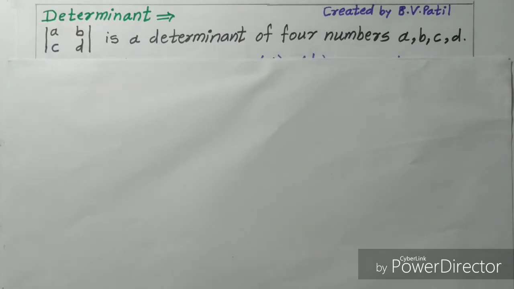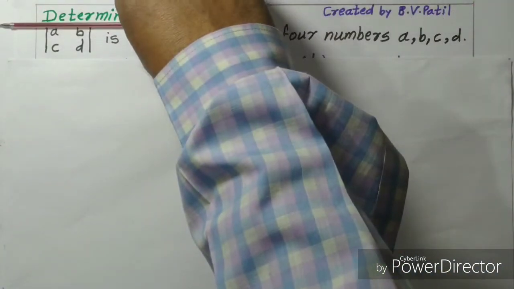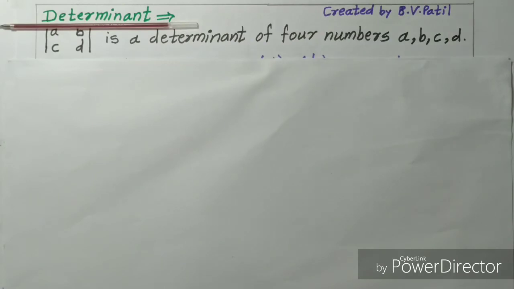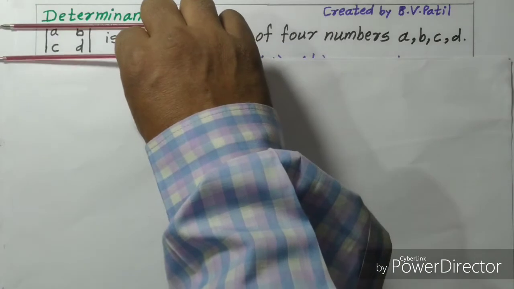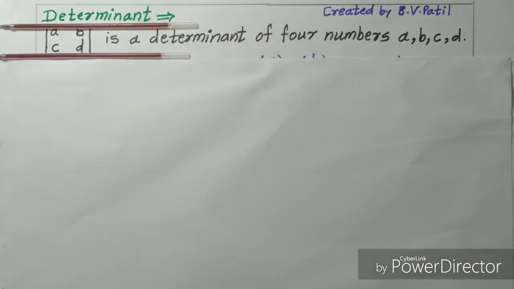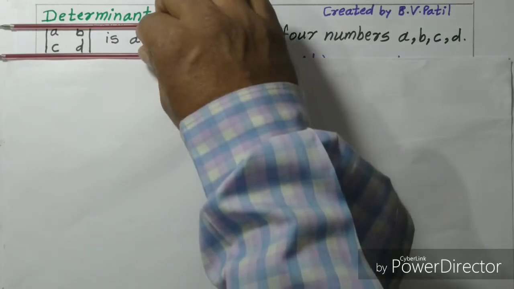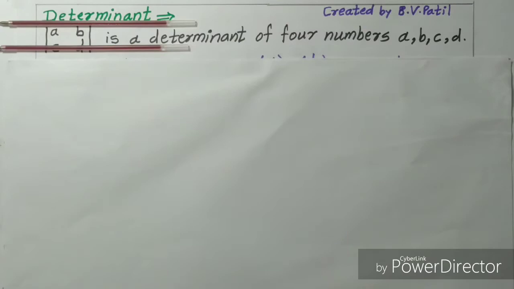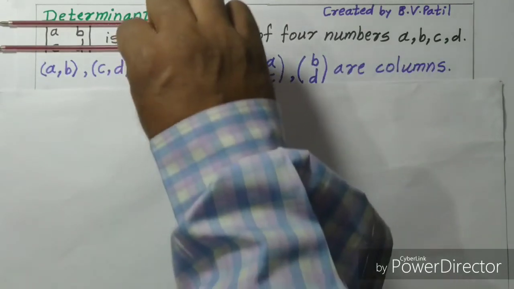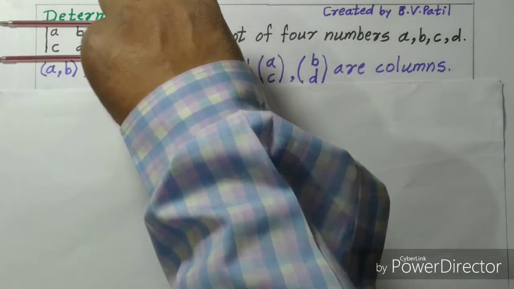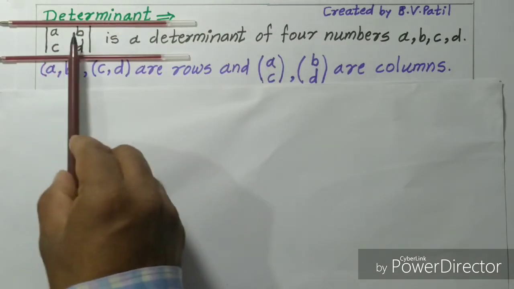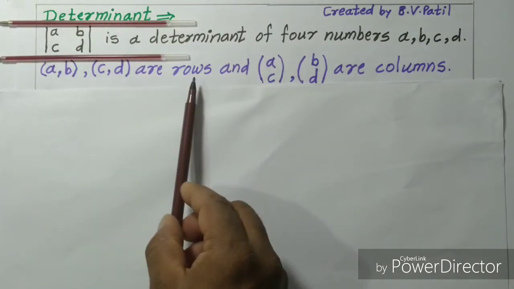Which are the two rows? A and B lie in the first row, and C and D lie in the second row. A, B and C, D are rows.